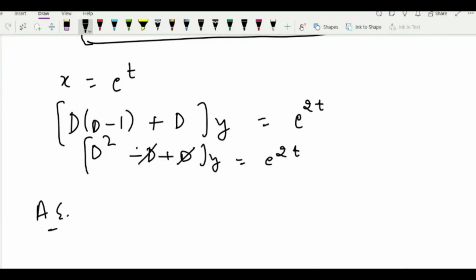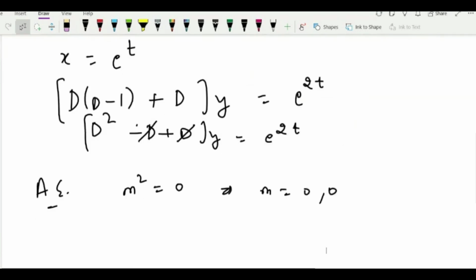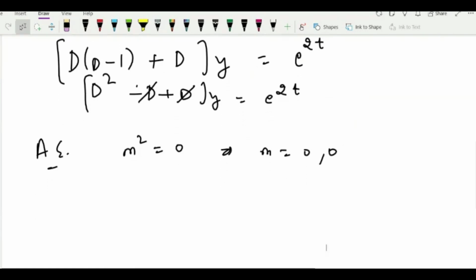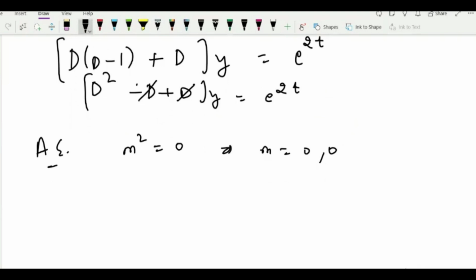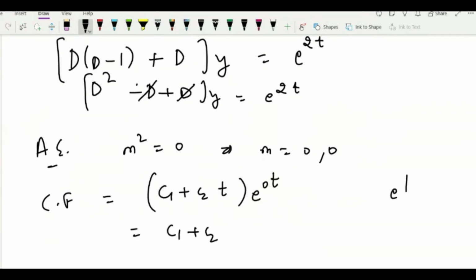So the auxiliary equation will be m square is equal to 0, which gives m is equal to 0 and 0. So in this case, we have real and equal roots, which are 0. So CF will be given by (C1 plus C2 t) into e raised to power 0t, and t will be equal to log of x. So it becomes C1 plus C2 log x.